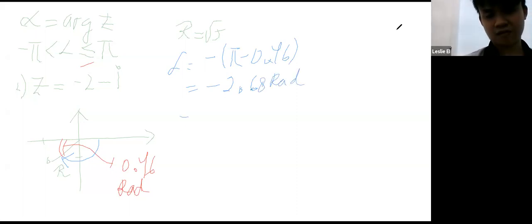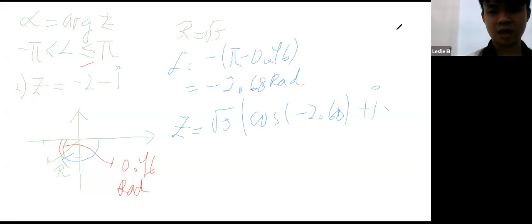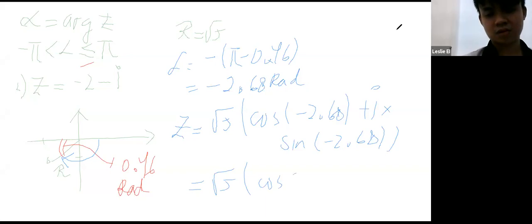The answer should be written as square root 5 cos of negative 2.68 plus i times sine of negative 2.68. If cos is negative, the negative can be ignored, and if sine is negative, the negative can be taken out. Yeah?